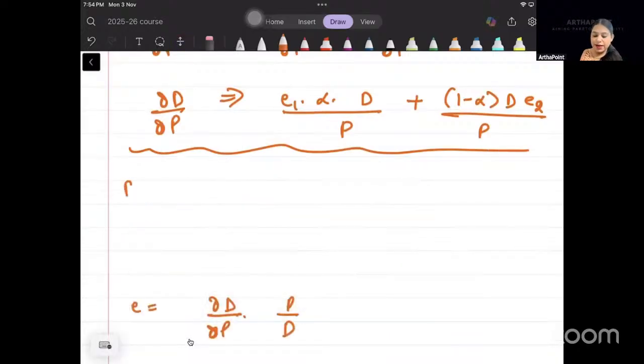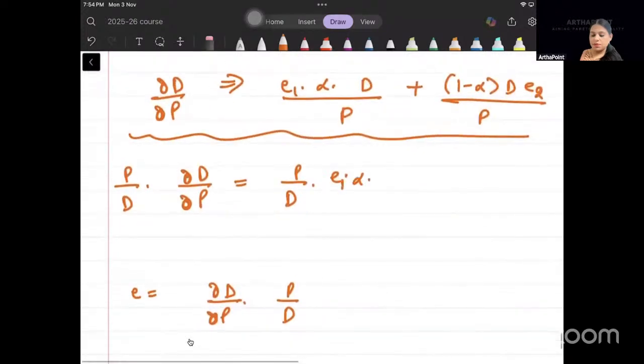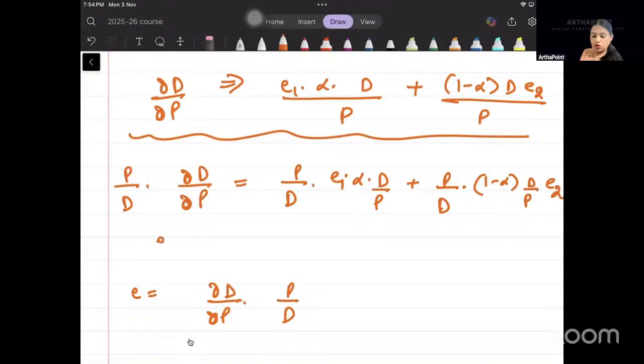So this will be P by D plus P by D, and this will be the total elasticity.